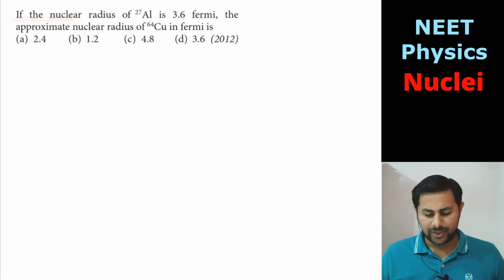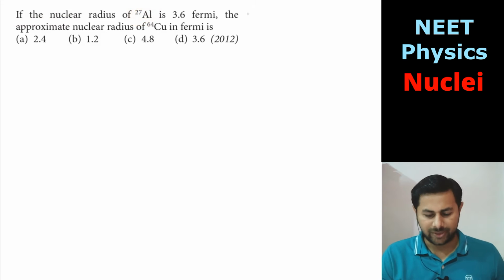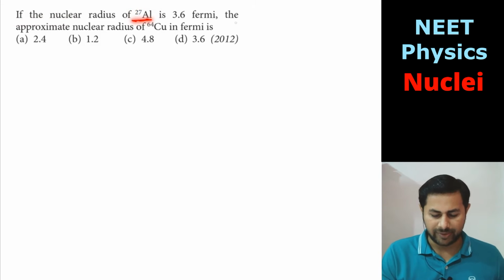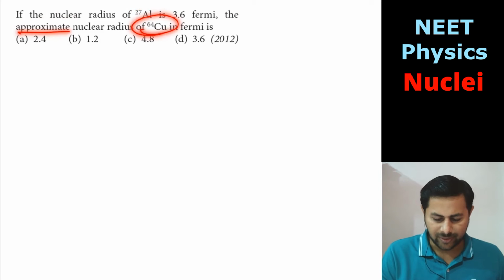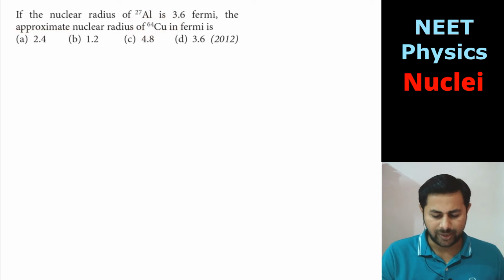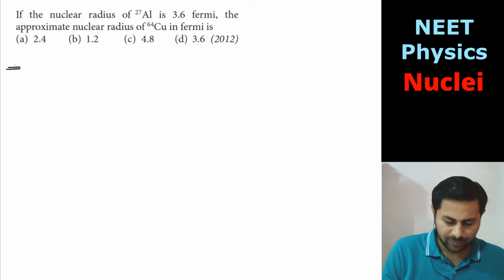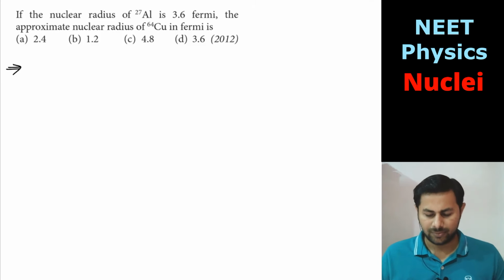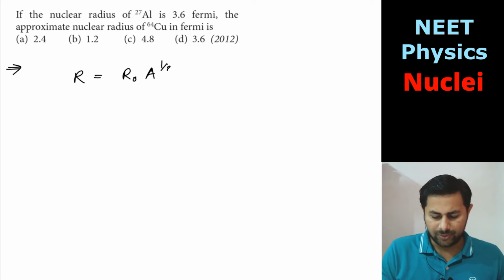The nuclear radius of aluminium 27 is 3.6 Fermi. The approximate nuclear radius of copper 64 in Fermi is? Tell me. So we know this formula, R is equal to R naught A raised to 1 by 3.